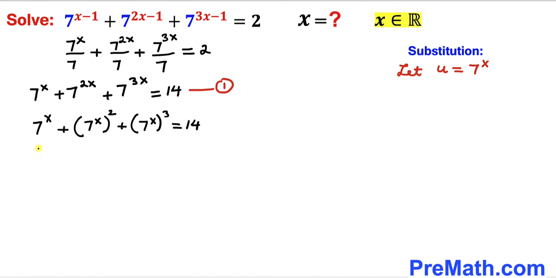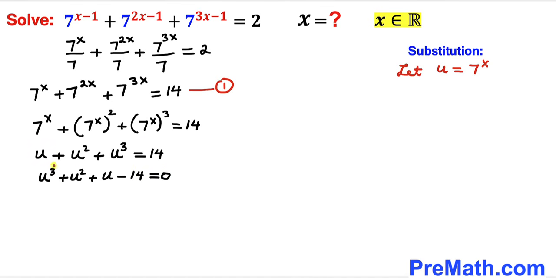So therefore after the substitution, this is going to become simply u plus u squared plus u^3 equal to 14. Now I'm going to move this 14 to the left hand side, and write that in descending order: u^3 + u^2 + u - 14 = 0.